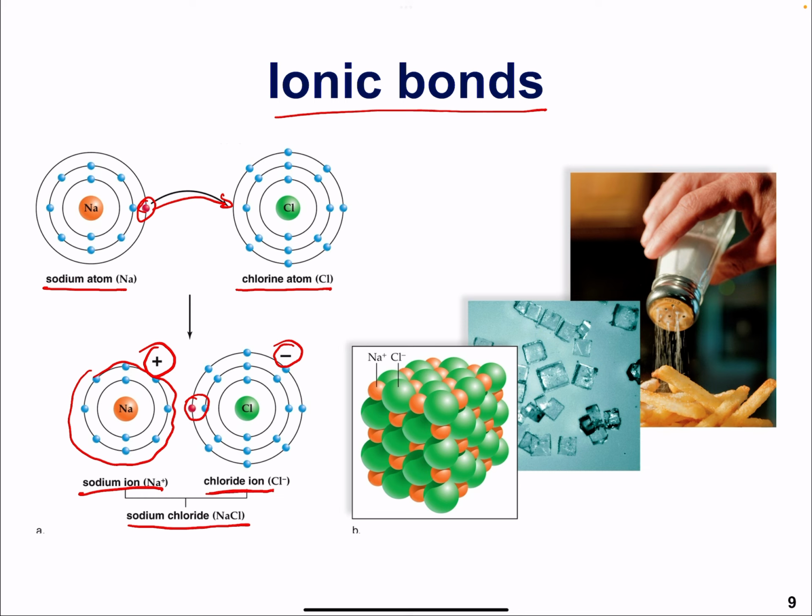So now we have two ions that come together, form crystals, and form the table salt, the sodium chloride salt. So that's one way of forming molecules with ionic bonds.